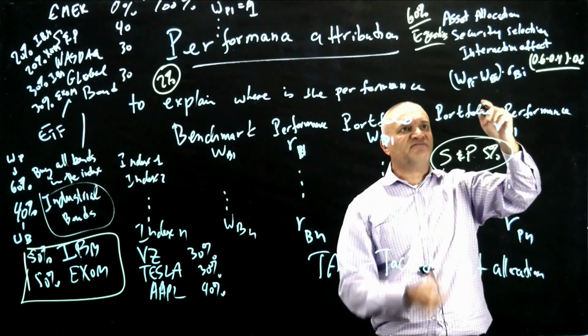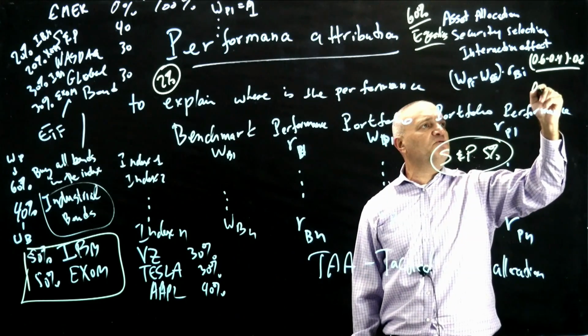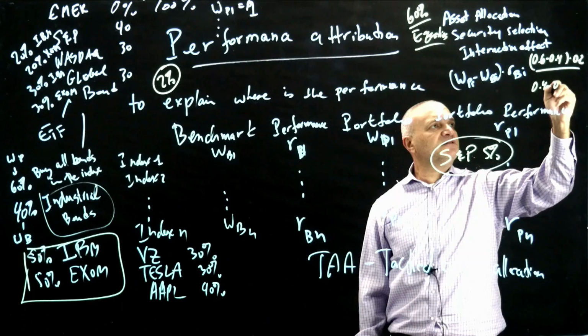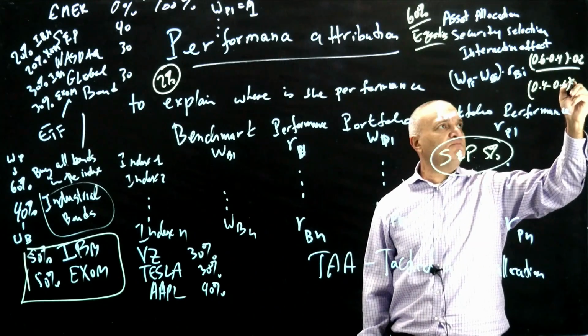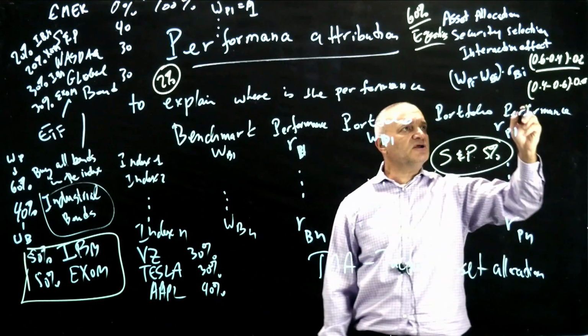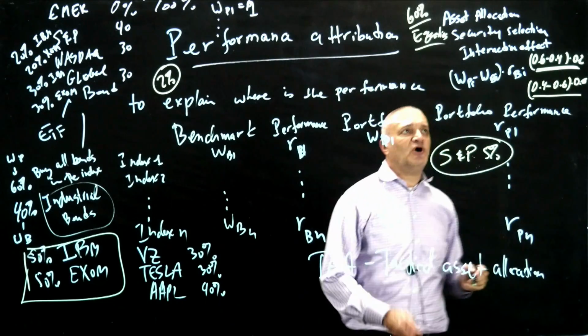So now we have to flip. This is going to be 0.4 minus 0.6 times 0.05. So here you will underperform, here you will outperform.